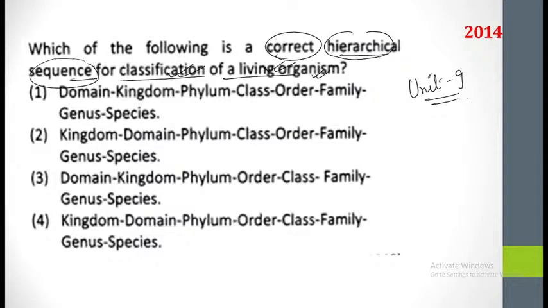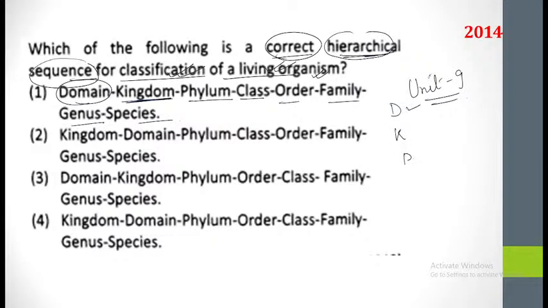Okay, let's check. The answer for this particular question is yes, option number 1. The question is saying we have to find the correct hierarchical sequence for the classification of a living organism. So first we have the domain, then you have the kingdom, then phylum, class, order, family, genus and species. So you can make a number of mnemonics for the same and then you can keep a note of it.